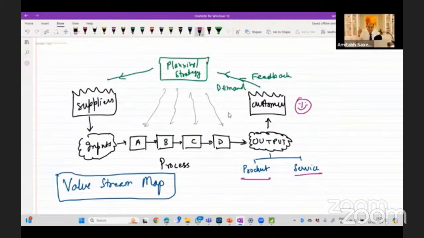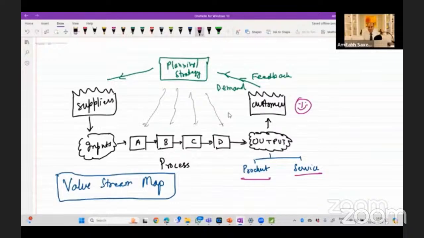But the customer is not interested in the car. Customer is interested in the value he or she is deriving from the car, like the ability to move from one place to another comfortably. That is the value. Now, the companies which focus on the value given to the customer always stay ahead.